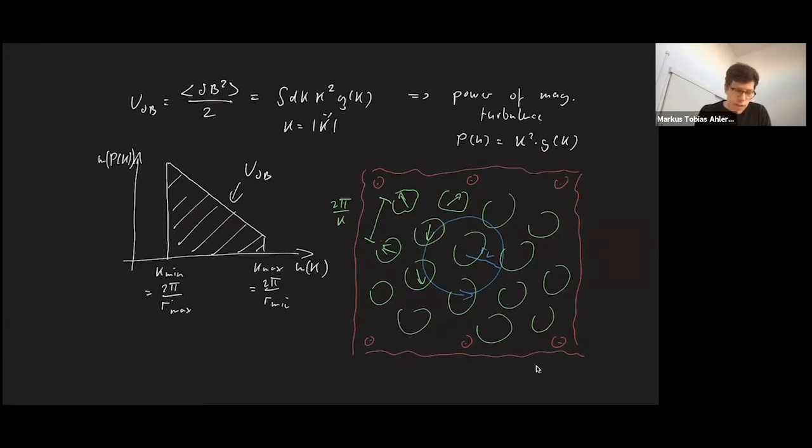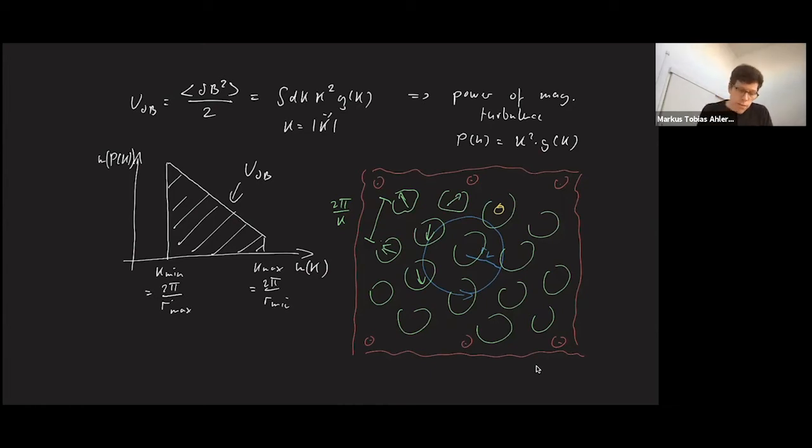If I consider a configuration, which I indicated here in yellow, with a very small Larmor radius, then this particle will not really experience different orientations of the magnetic turbulence on distance scales corresponding to 2 pi divided by the Fourier mode k.